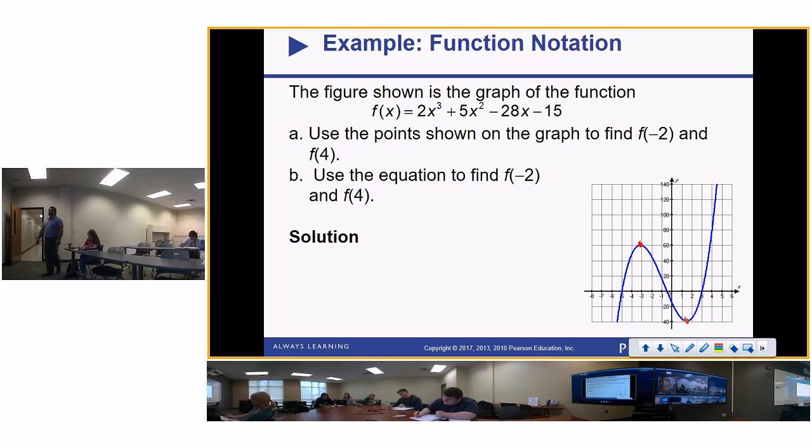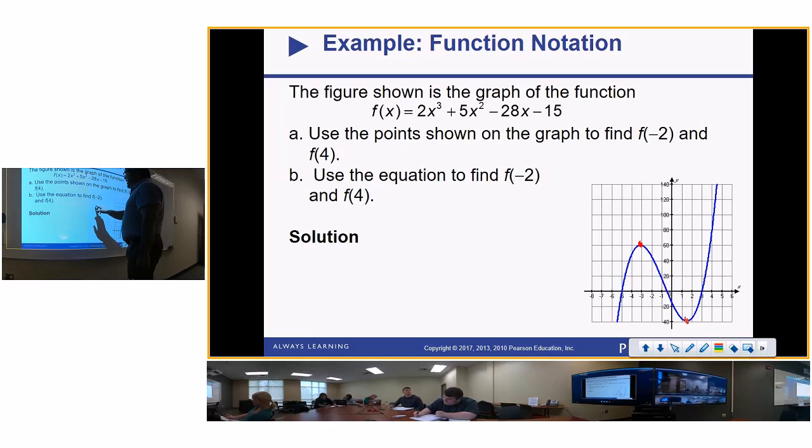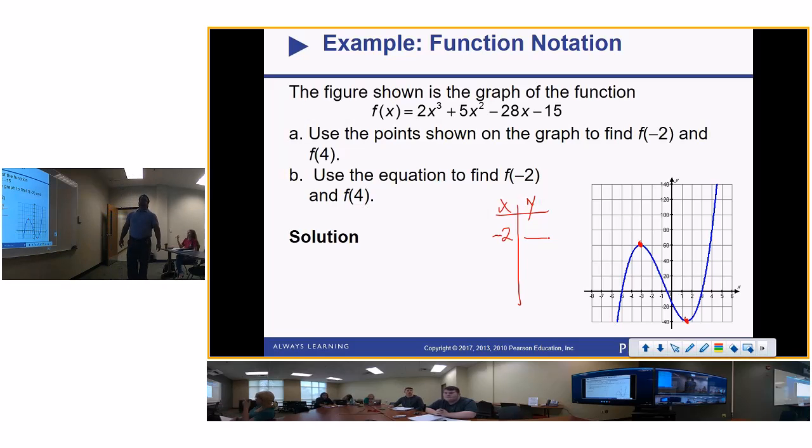Now, what did we say that f of negative 2 was? This is the pinky, but f of negative 2 back in pre-algebra was when x is equal to negative 2, then you need to find what? Y. So find it.